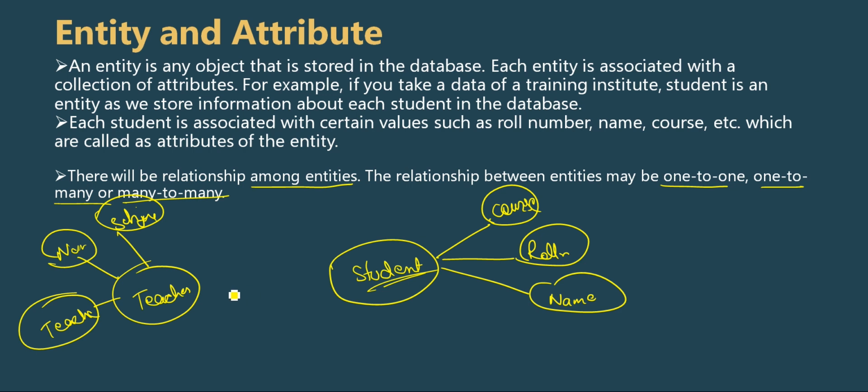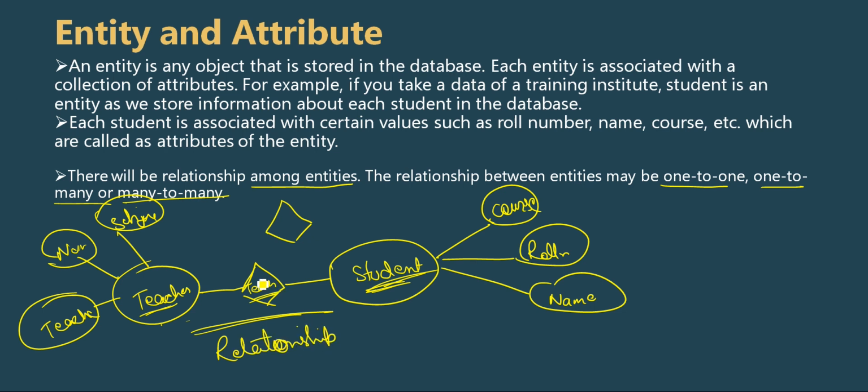First of all, what is a relationship? Between a teacher and a student, what kind of relationship can happen? A teacher teaches a student, right? We denote a relationship by this diagonal symbol. So there is a relationship between teacher and student, and that relation is termed as teaching. Teacher teaches student.